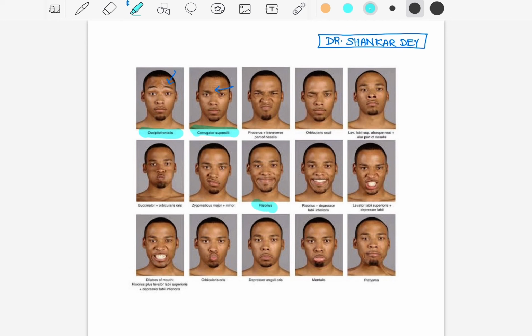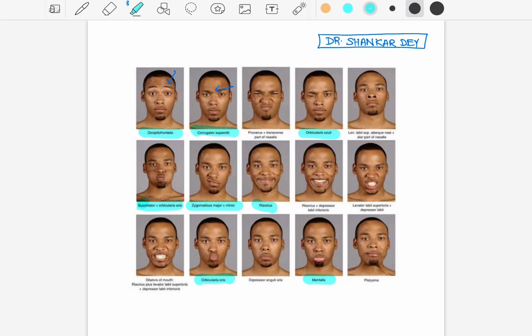Next, see risorius for grinning, and mentalis for doubt or disdain. Then see the smiling face, zygomaticus major or minor for deviation of the angle of the mouth. Then orbicularis oculi for closure of the eye. This is orbicularis oris, and this is blowing, orbicularis oris and buccinator muscle responsible for blowing.